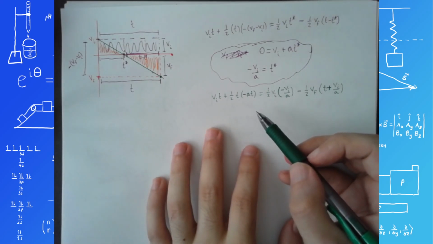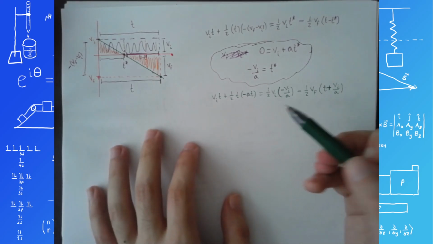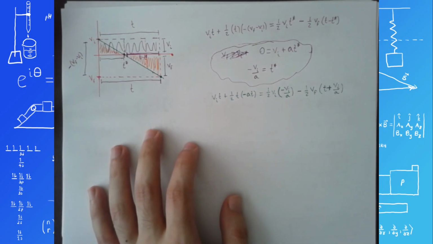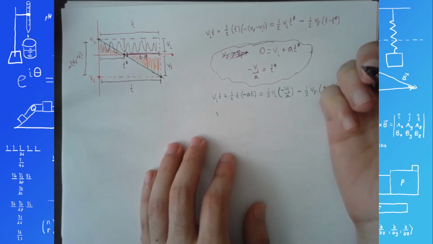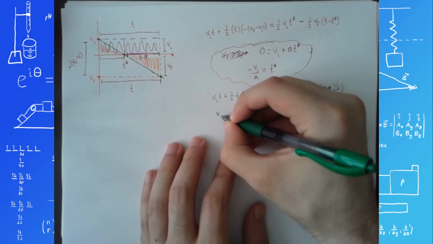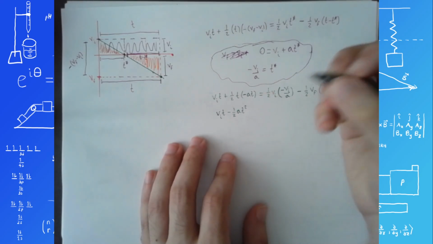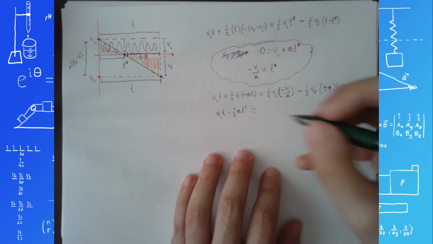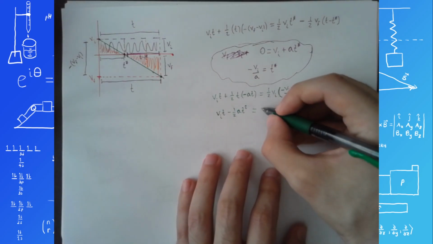You're not the only one who starts to lose confidence when an answer starts looking really messy like this, but one of the things that physics teaches you is that a lot of times, to get to an answer for something like this, you need to just press on and see how far your equations will go. So, what do I want to do here? Is there anything I can simplify? We'll see. V initial t minus 1/2 a t squared equals... I feel like I'm going to have to multiply everything by 2 at some point just to get rid of those fractions.